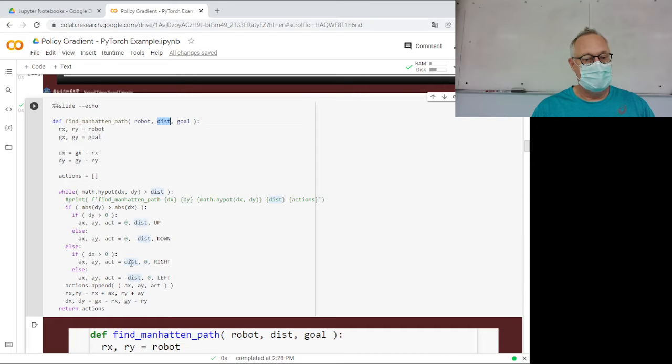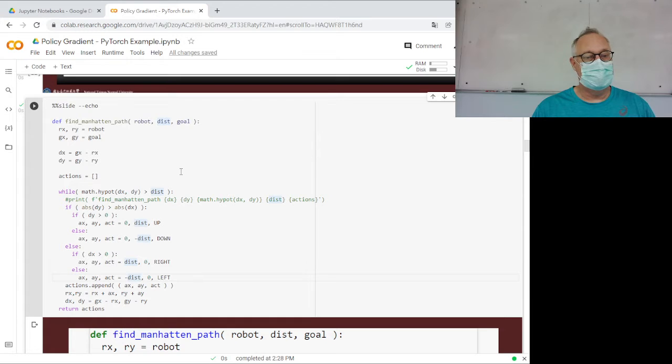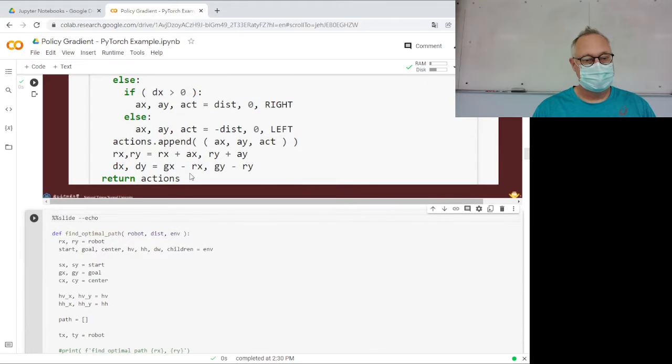Otherwise we choose to go right or left. Then I can append the actions, and then that will return the plan in order to reach the goal location. Now this is only in an empty field, not with the doors.